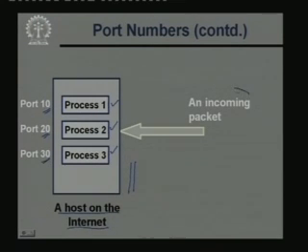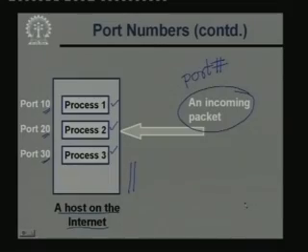When an incoming packet comes to this host, it must also carry the port number. So, if it carries a port number of 20, then the packet will automatically be delivered to process 2. If it carries port number 30, it will be delivered to process 3, and so on.